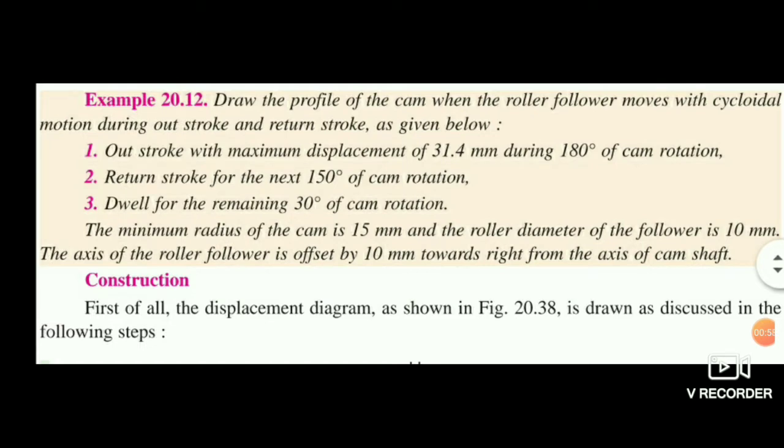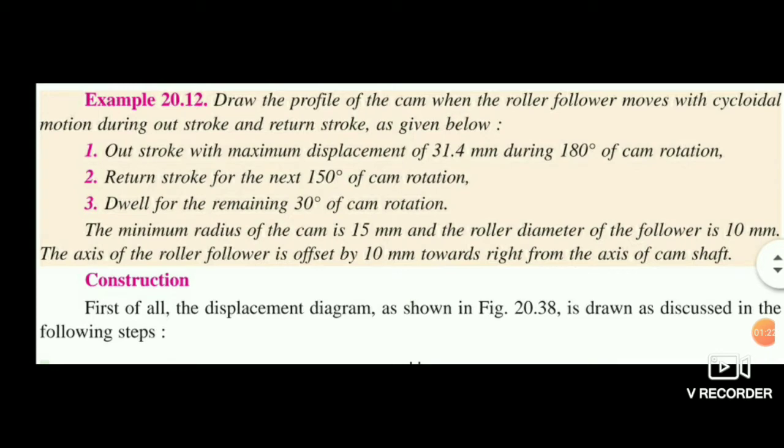Then outstroke is 180 degree and it has a maximum displacement of 31.4, so the stroke length S is equal to 31.4 mm. Outstroke is 180 degree, return stroke is 150 degree, and after that you have dwell, that is 30 degree. So it will be 180, 150, then 30.